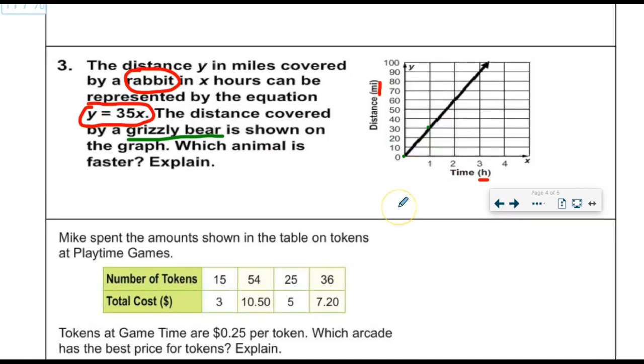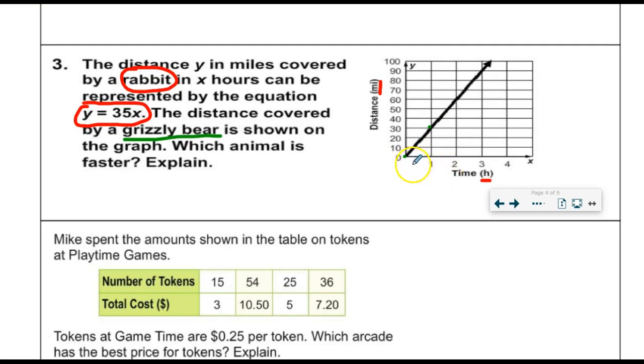the slope of the grizzly bear's. Now you can see that time is increasing by 1 hour going across the x-axis, and each of these miles is increasing by 10. So right there appears to be 30 miles in 1 hour.